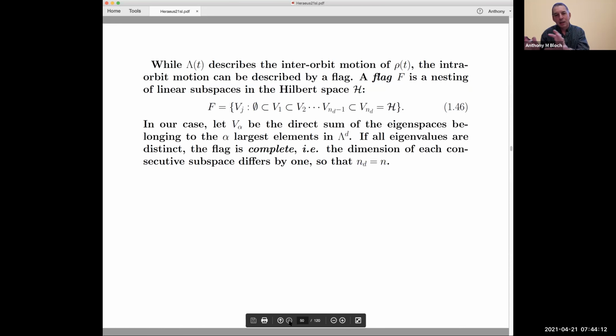You can get a nice equation which couples those two, and you can get nice controllability results. They're not exact, but for a large set of places you'd like to reach, you can get approximate controllability. You can use your controls to drive you within epsilon of any point that you'd like to get to in the flag, which is the analog of the Bloch sphere. Okay, so I will stop there.